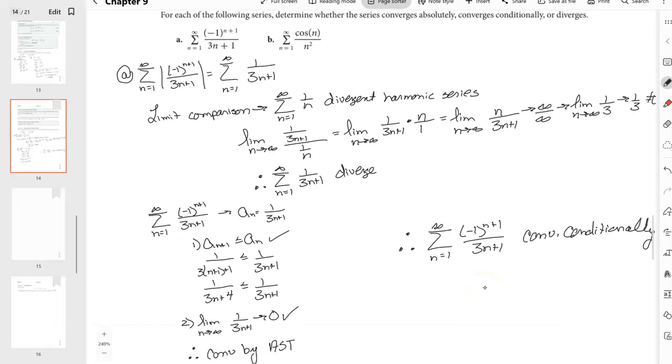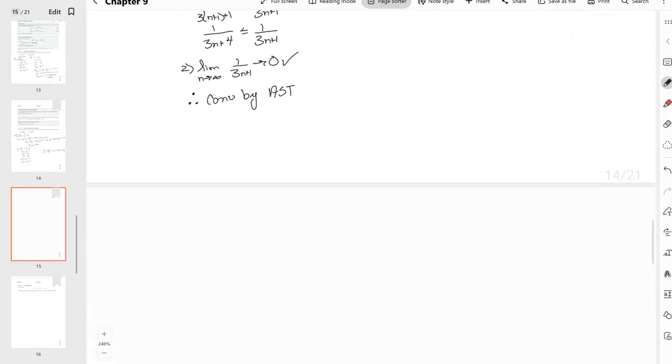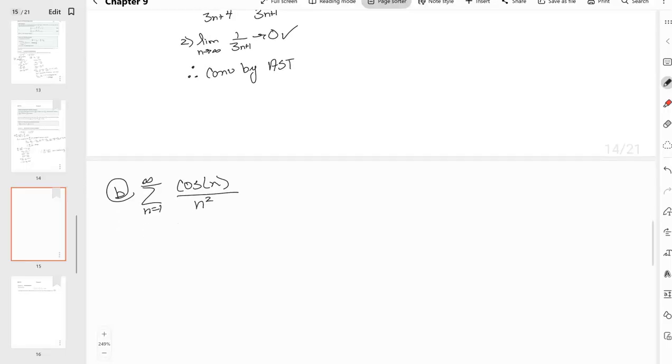So let's look at that next one, the sum from n equals 1 to infinity of cosine of n over n squared. I'm going to start with the absolute value one again.